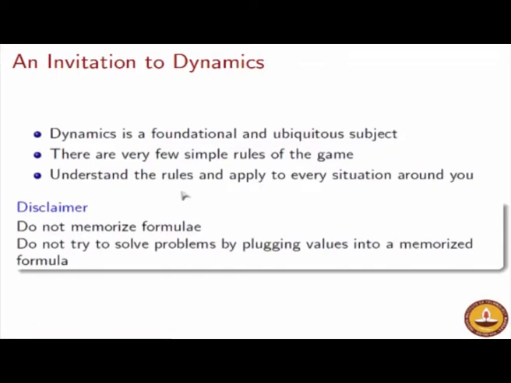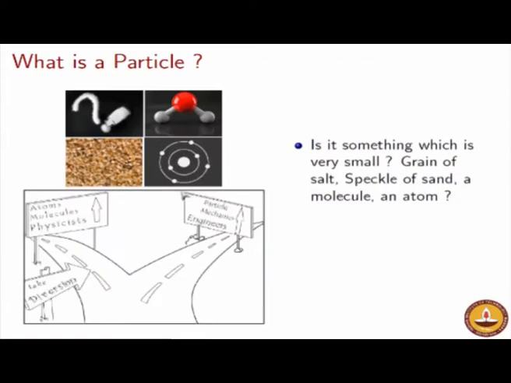The topic that I am going to cover in this set of 5-hour lectures is particle kinematics. So I begin with the question: what do the two words, namely particle and kinematics, mean? I'll spend some time uncovering these ideas to you.